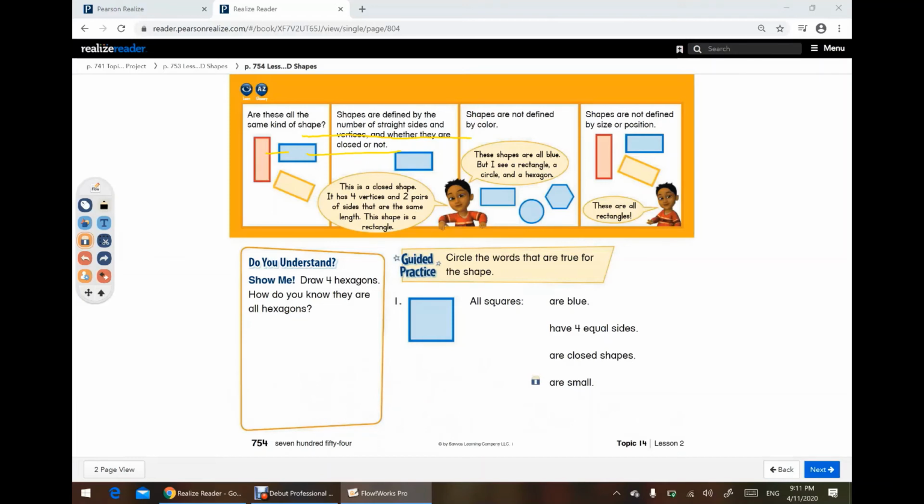Page number 754. Circle the words that are true for the shape. Now, what shape is this? It's a square, right? Now, all the squares are blue. Do they have 4 equal sides? They all are closed shapes. And are they all small?